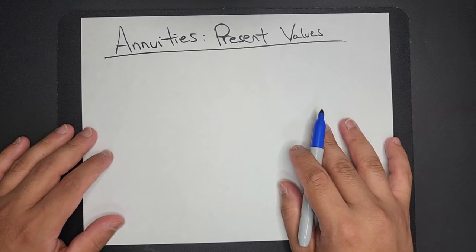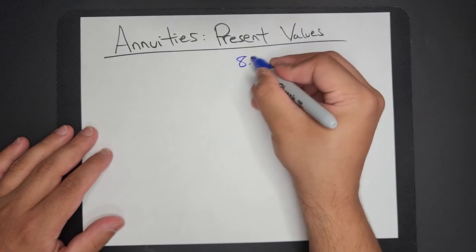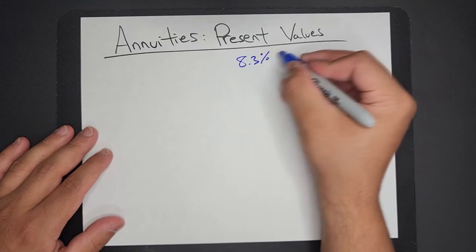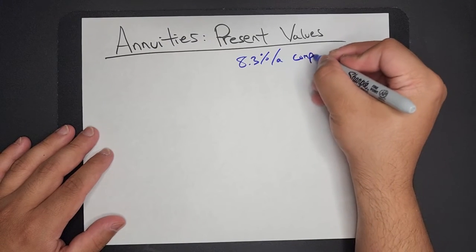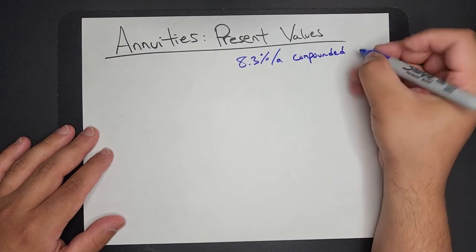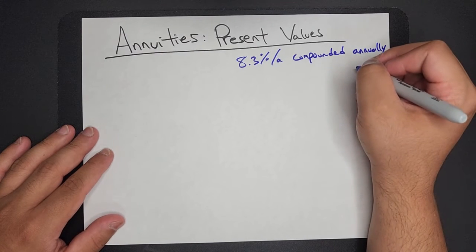So let's look at, say, something that is 8.3% per annum compounded annually.